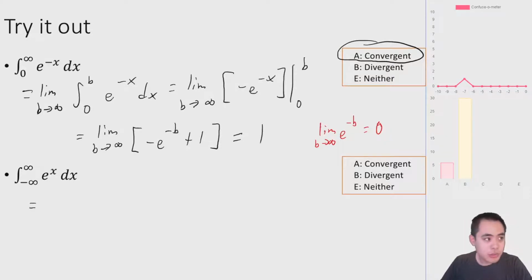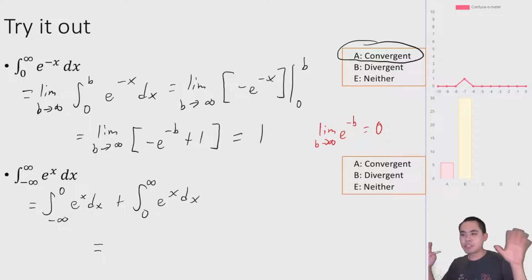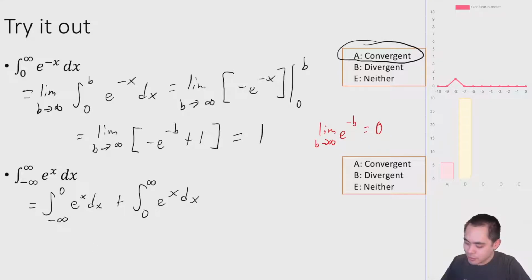So this is equal to the integral from minus infinity to 0 of e to the x dx, plus the integral from 0 to infinity of e to the x dx. I'm going to be a little bit notationally sloppy here and not write out all the different limits, because writing out limit every time is a little bit time-consuming.